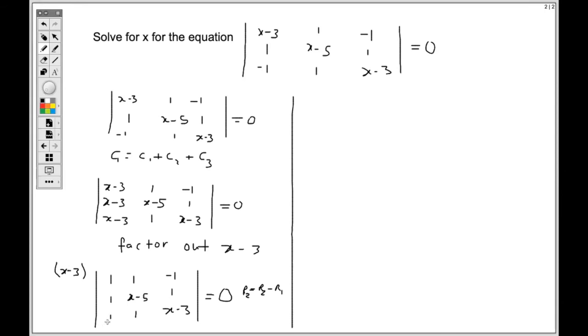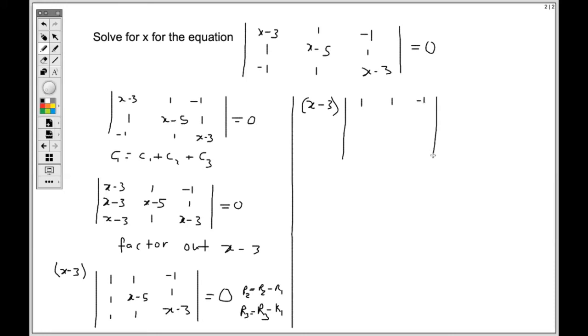This is also a 1, so I'll need another operation, which is row 3 is equal to row 3 minus row 1, because that's where I'll get zeros, and I'm trying to get my upper triangle. So I rewrite my x minus 3, and remember, we're not doing anything to row 1, so we write row 1 as is: 1, 1, negative 1.